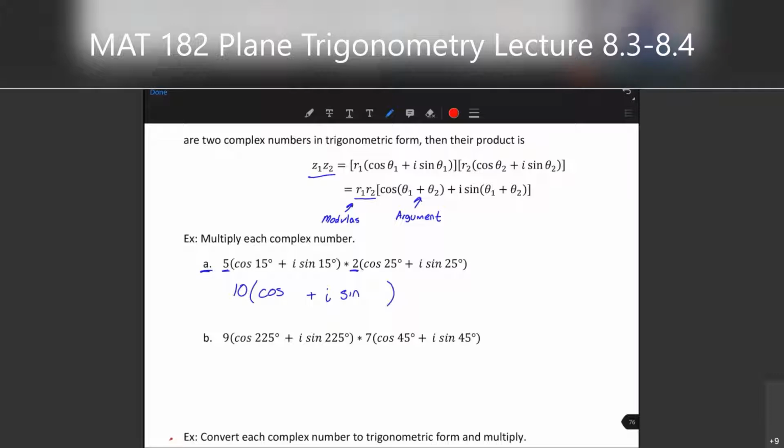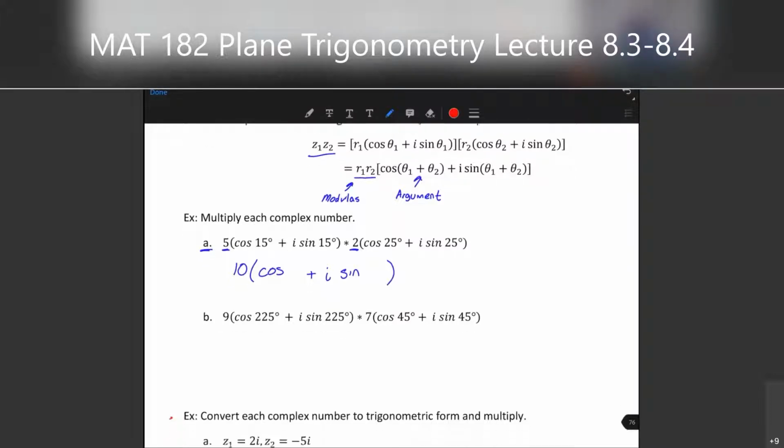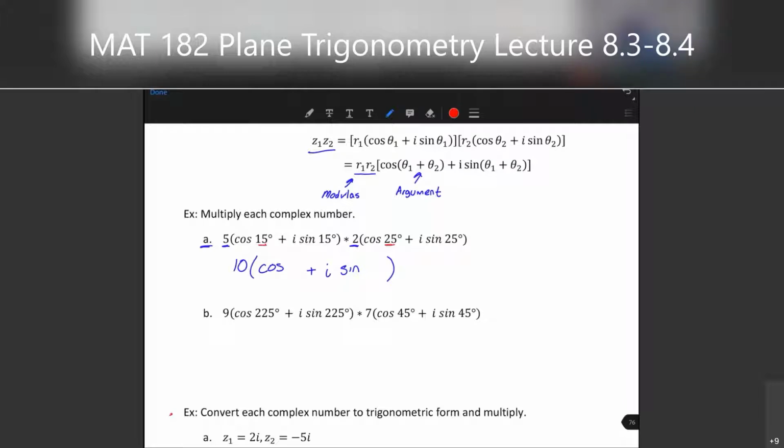Yep, I think, Kevin, you got it. So 30, or close, not quite 30. We have 15 and 25. 40, right. Yep, because we're just going to add the two angles together. So 15 plus 25 is going to be 40. So this would be the new complex number in trigonometric form: 10 cosine 40 plus i sine 40.